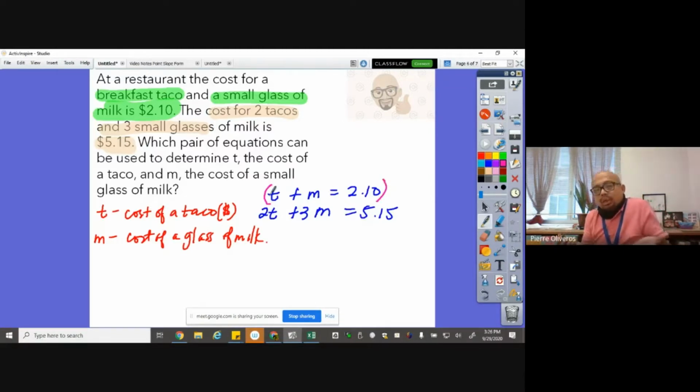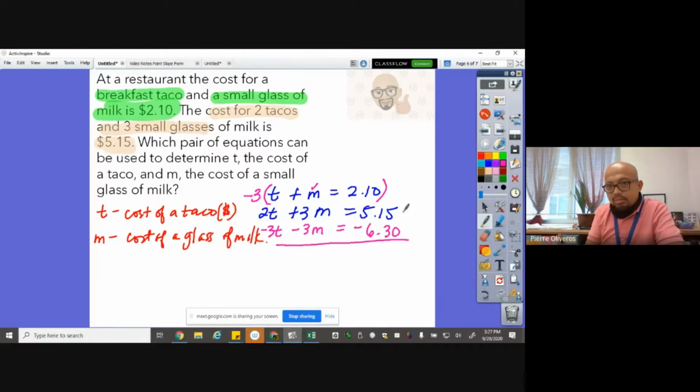I'm gonna multiply the top portion here by, let me decide first. Should I eliminate the taco or the milk? I'm lactose tolerant, so I'm gonna get rid of the milk. Okay, so I'm gonna multiply the top portion by -3, because when I multiply -3 in this term here, it will give me an opposite of the 3m. So this will be now -3t minus 3m is equal to -$6.30.